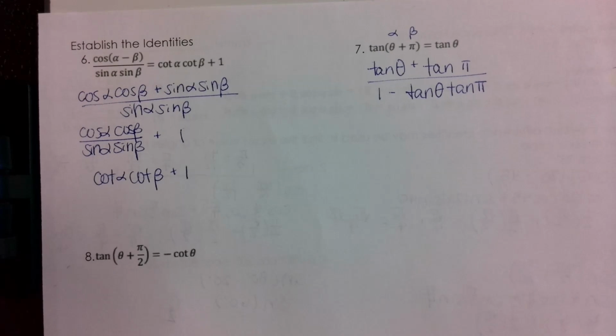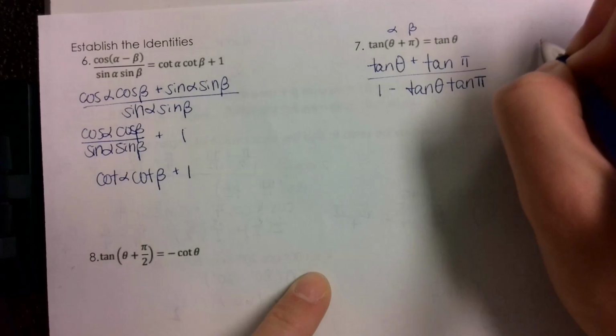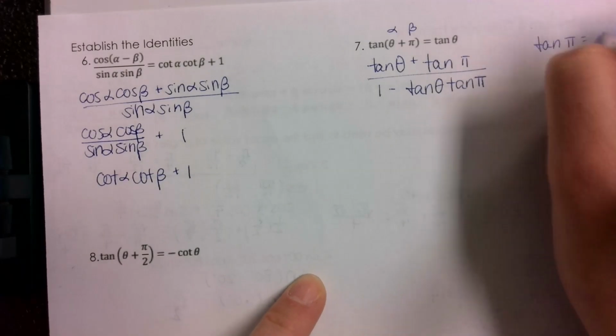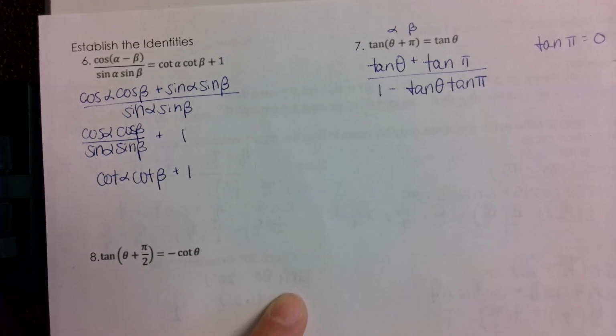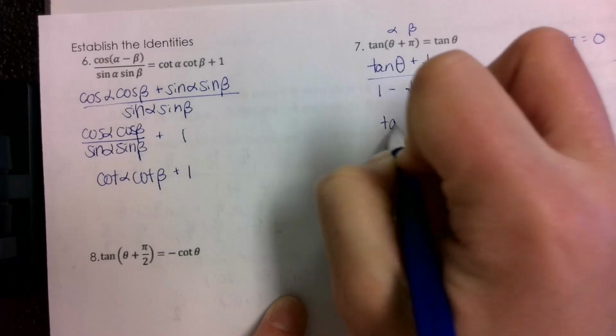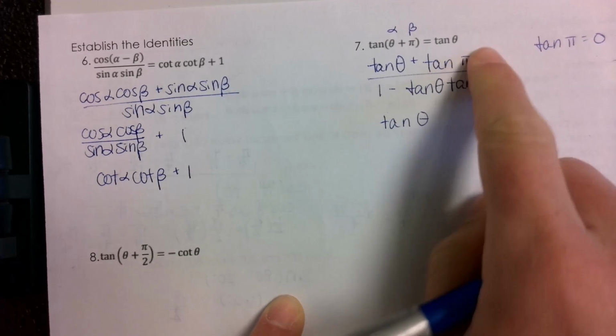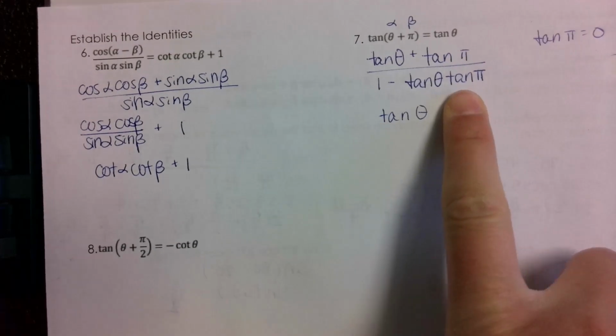Now what? Well, do we know what tangent of pi is? What is tangent of pi? 0. Okay, so I'm going to write that off to the side. So we know that tangent of pi is 0. So tangent of theta plus 0 is just tangent of theta, right? So we'll have tangent of theta up top. That's going to go away. And the tangent pi on the bottom, that's like tangent theta times 0.